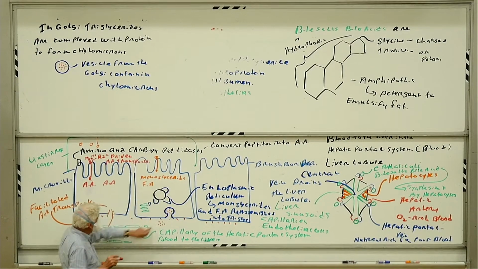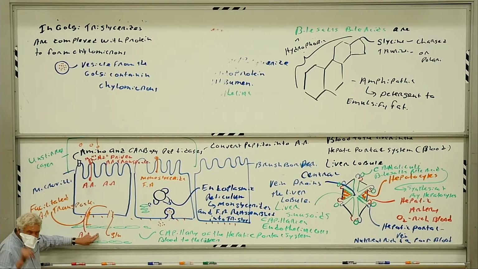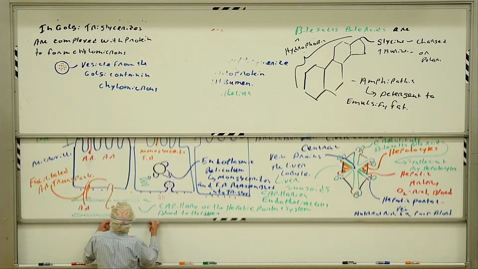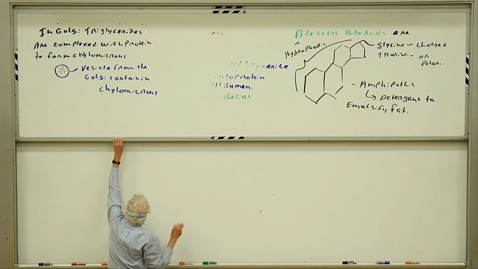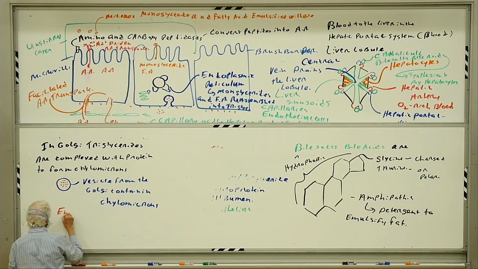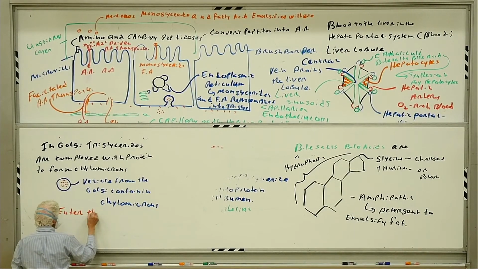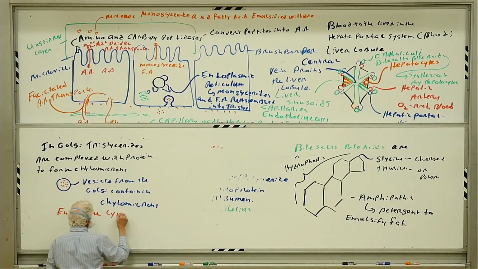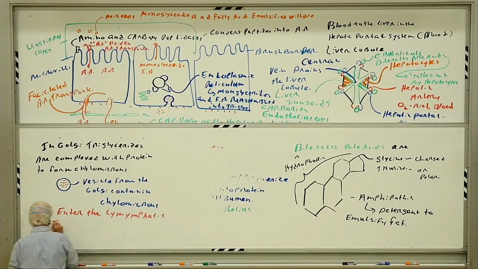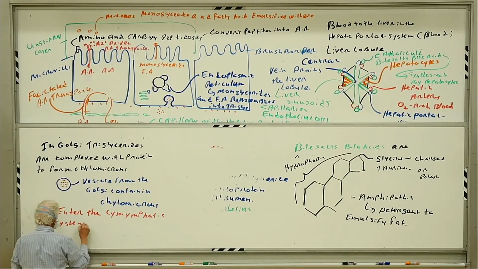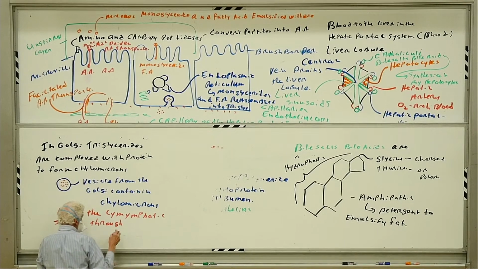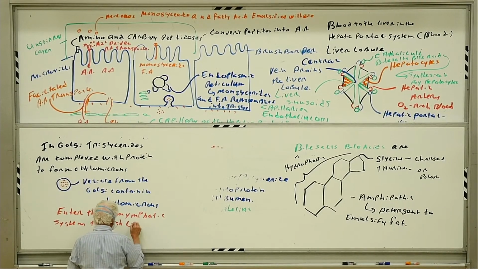But these chylomicrons are too big to enter the capillaries. They can't get into the blood capillaries. So instead, the fate of the chylomicrons is to enter the lymphatic system through lymphatic capillaries.